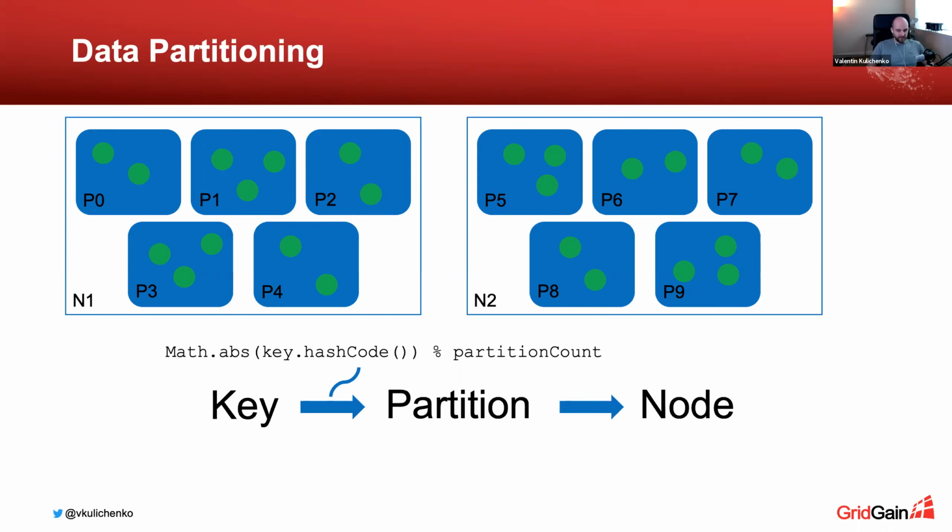The hash code for a key never changes, the partition count never changes. Therefore, this function is always consistent. The mapping between key and partition does not change regardless of how many nodes we have, or how much data we have. It doesn't even depend on whether we have this particular key in the database or not. This function will always give you the same result.